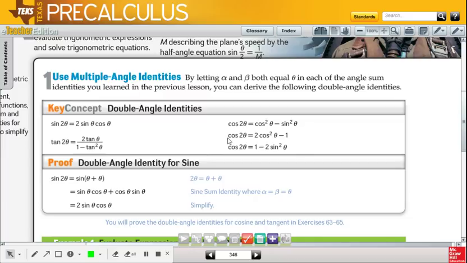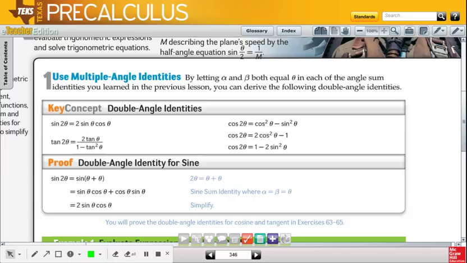The second one is cosine 2 theta is equal to 2 times cosine squared theta minus 1, or 2 cosine squared theta minus 1, if you were to say that quickly. The last one, cosine of 2 theta is equal to 1 minus 2 times sine squared of theta, or 1 minus 2 sine squared theta, if you were to say that quickly.